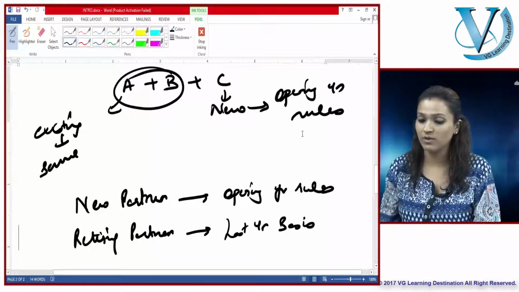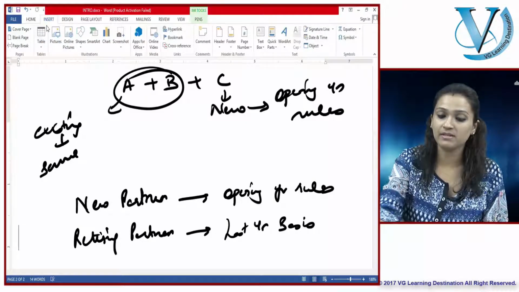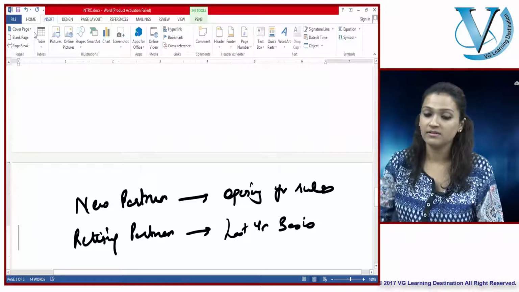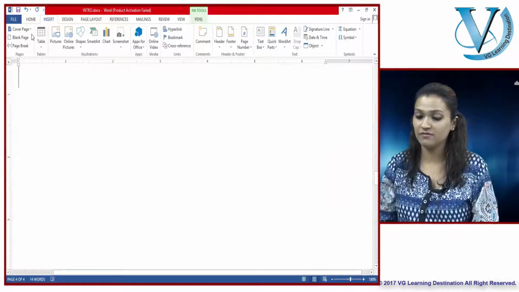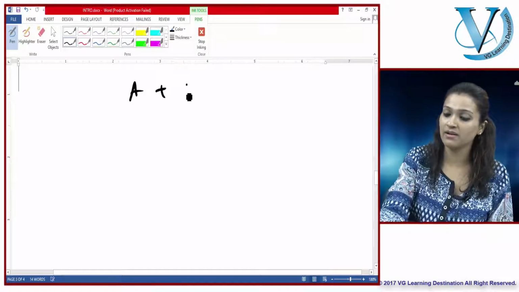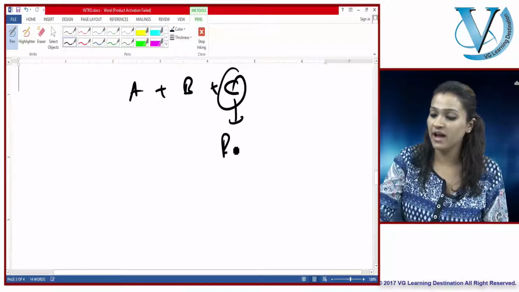Similarly, what happens when one of these partners retires? Let me open up another page for myself. Supposing there were three partners, A, B, and C. C has now retired.